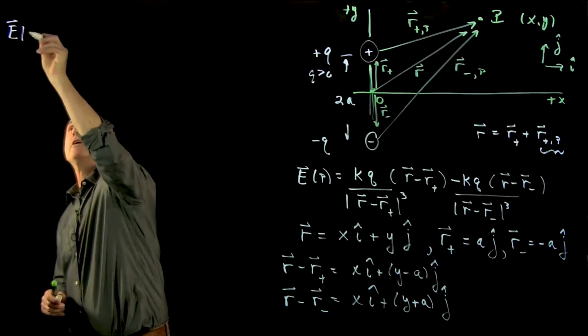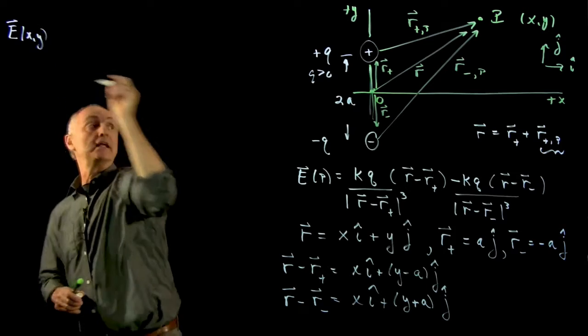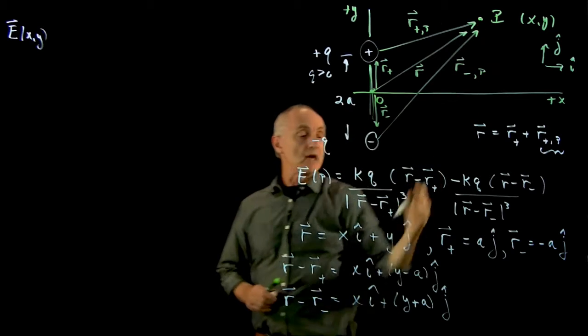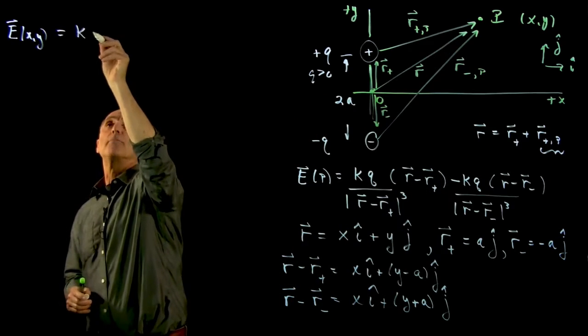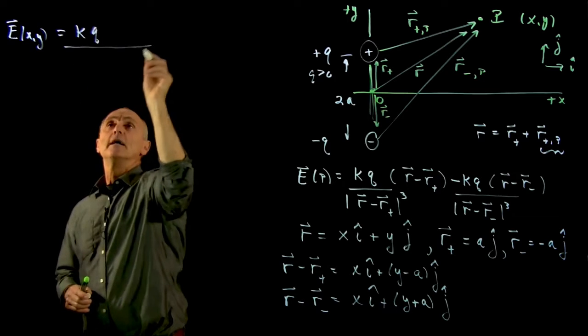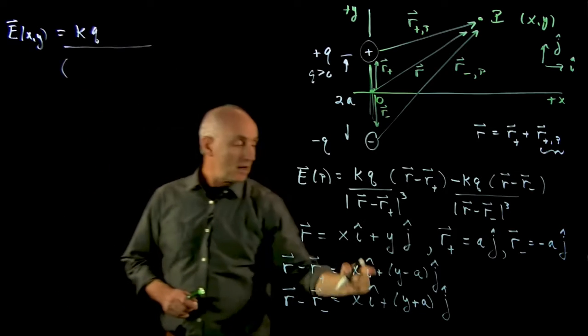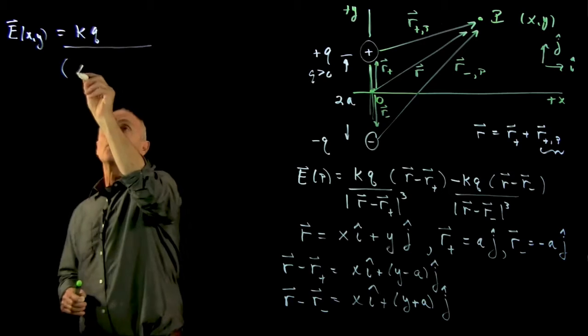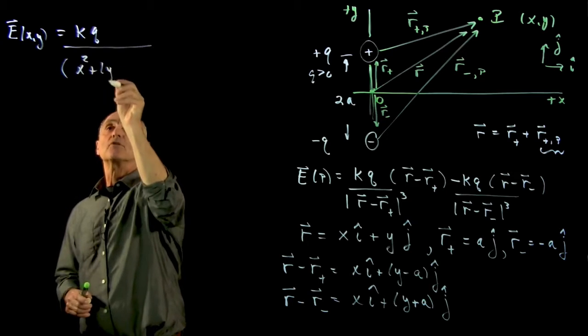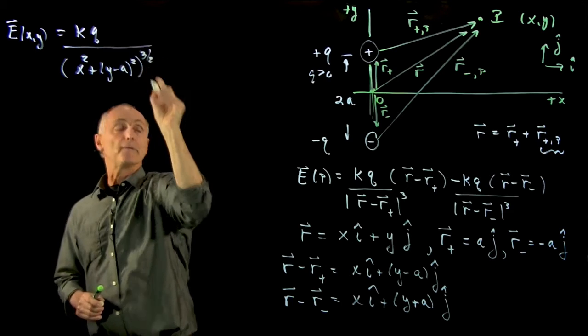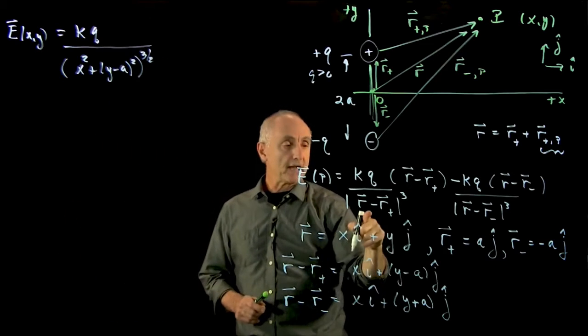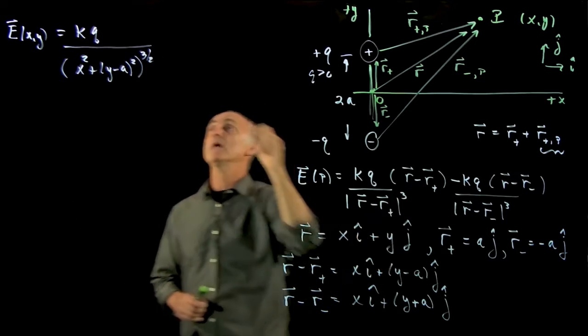So we have the electric field at a field point, which I'm now going to indicate by its coordinates, x and y. And I'll write the two terms, one on top of the other, one line first. Down here, I have to square this. So I have x squared plus y minus a quantity squared to the 3/2 power. Again, the magnitude is to the 1/2, and we're cubing it.